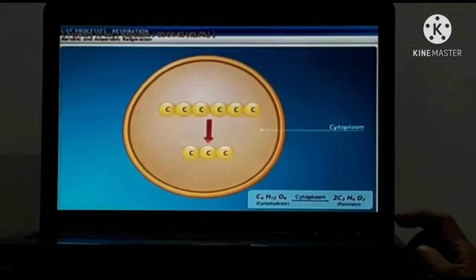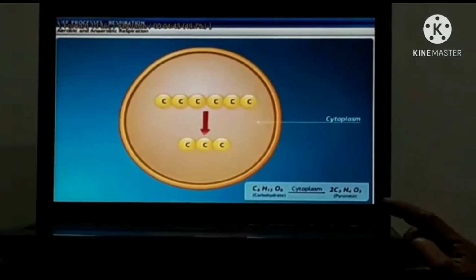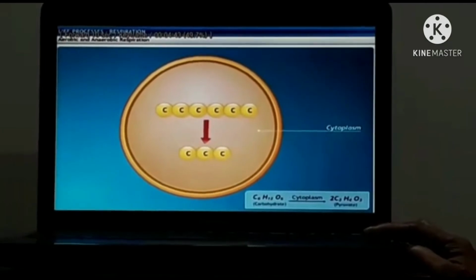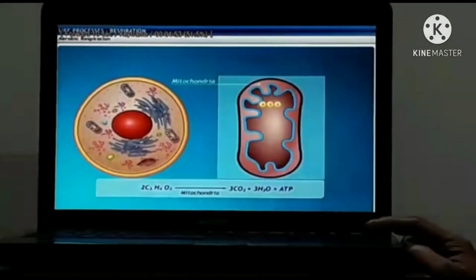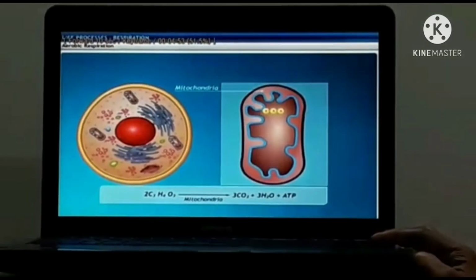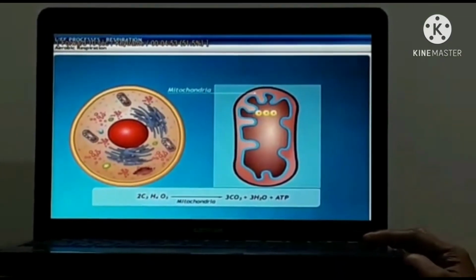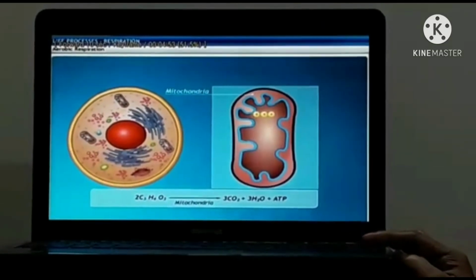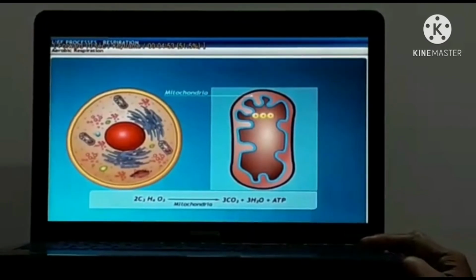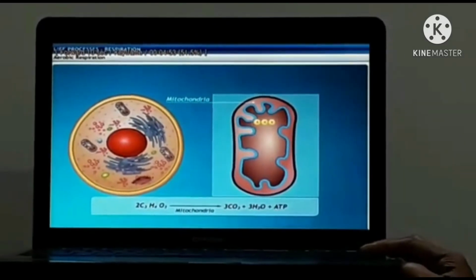Anaerobic respiration will be completed within the cytoplasm itself. But in aerobic respiration, the pyruvate is taken into mitochondria, which is the site of cellular respiration. There the pyruvate breaks down into carbon dioxide, water and energy.